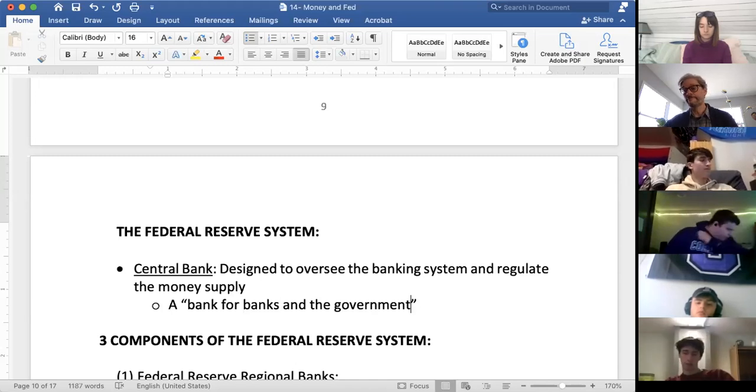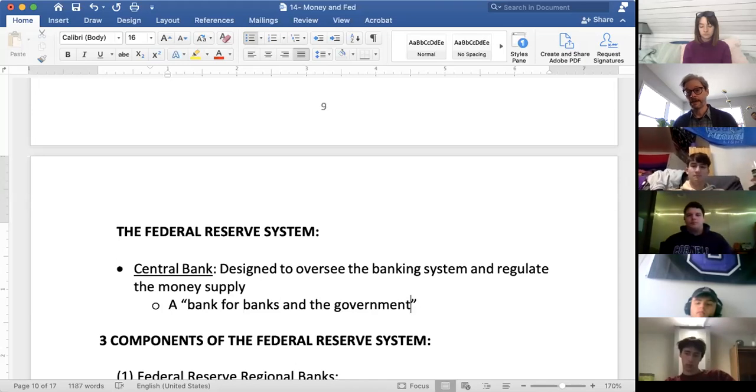Americans have been skeptical of big banks, right? The founding fathers were very skeptical of central banking. One of the things that is not in the US Constitution is the Federal Reserve.